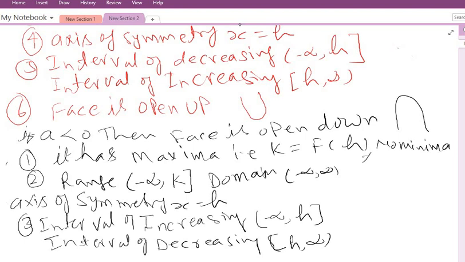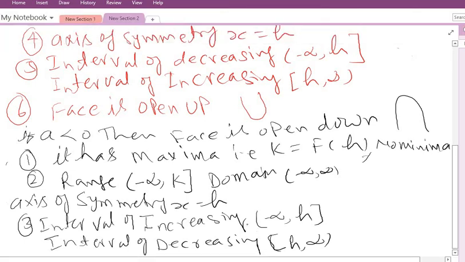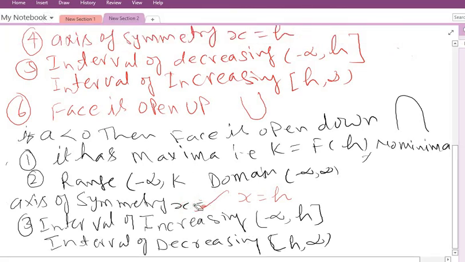That means you have to calculate h, and whatever you get, that is your answer. Similarly, the interval of increasing is from minus infinity to h, a closed interval, and the interval of decreasing is h to infinity, a closed interval.